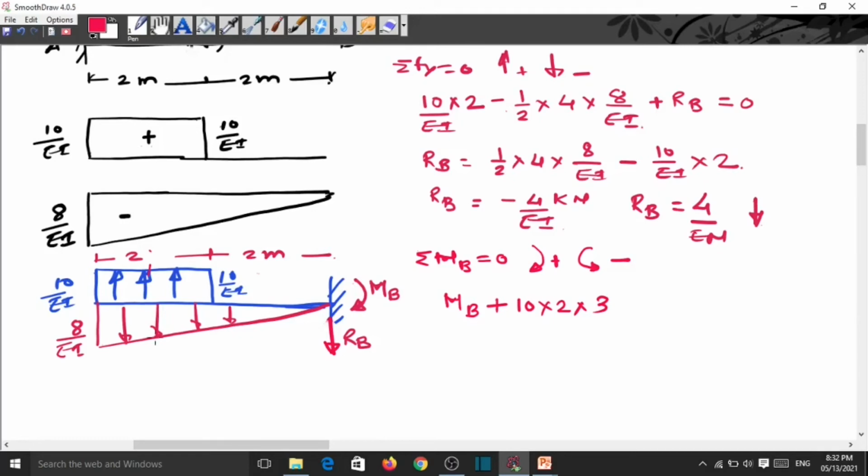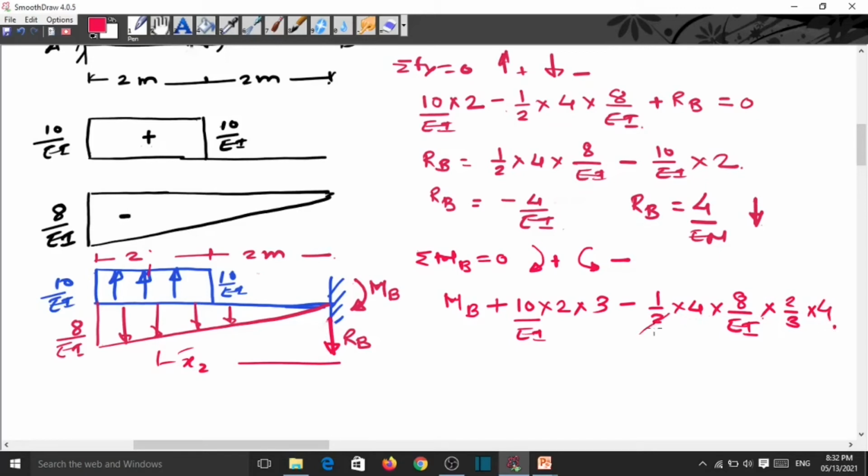Then this is minus, so minus 1/2 base into height into distance, divided by EI. Here x bar is 2/3 of this 4.